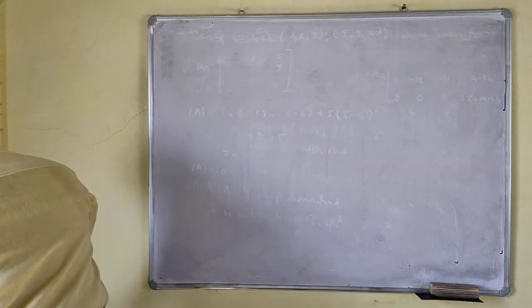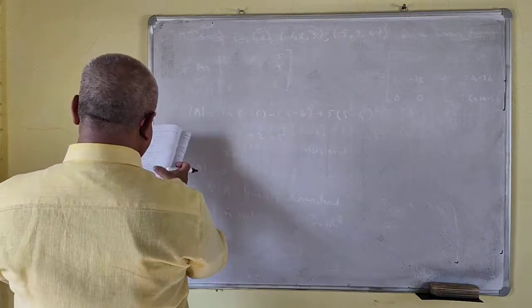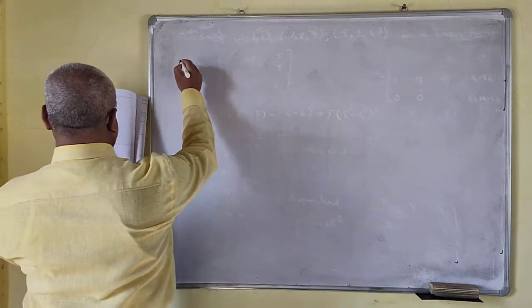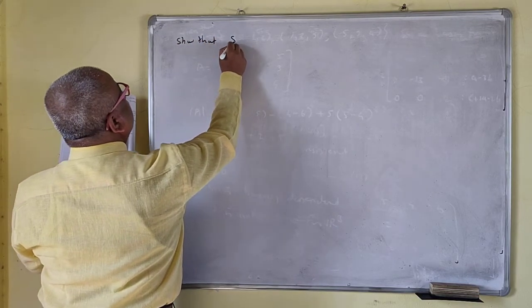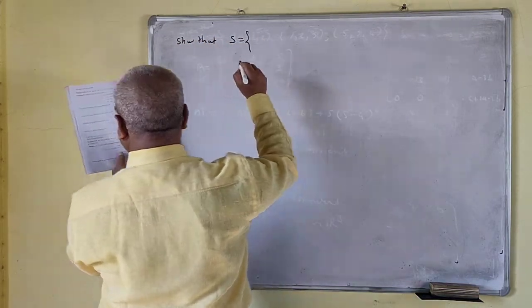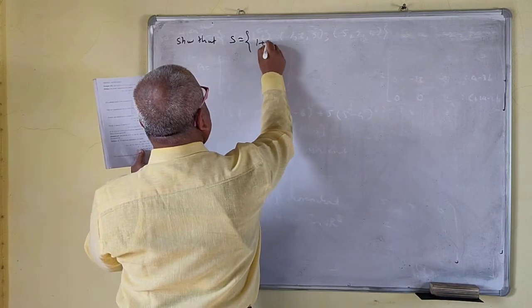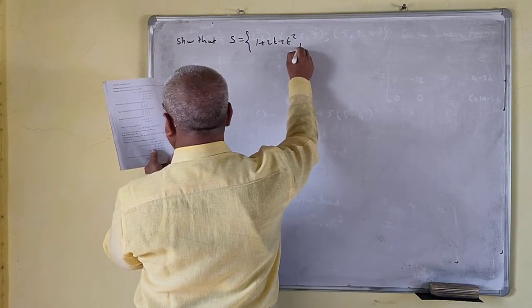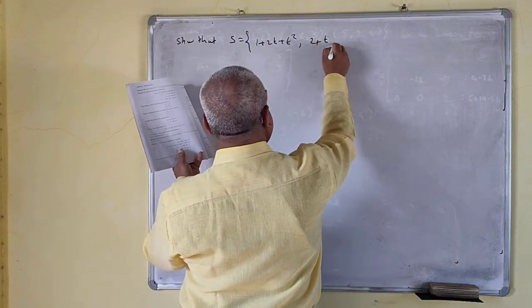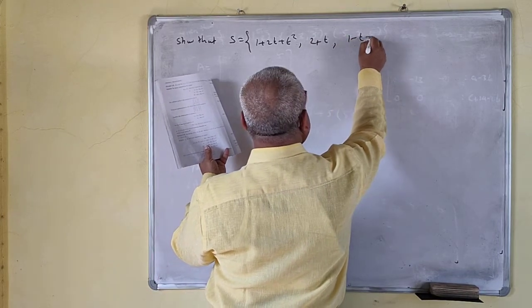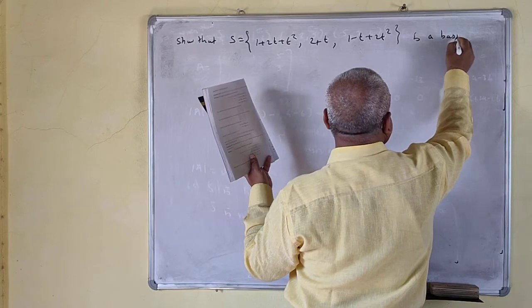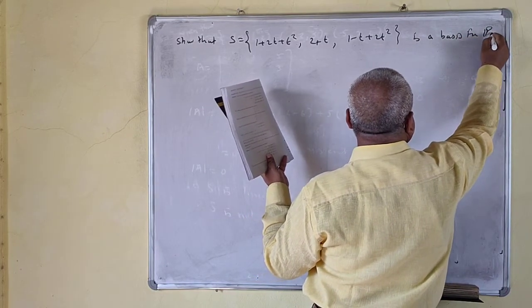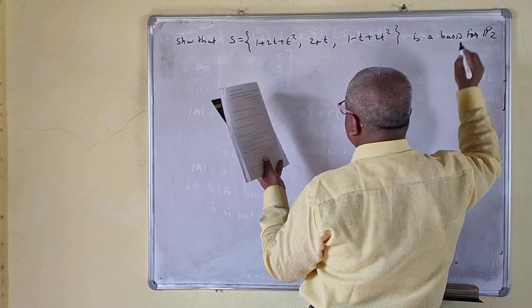Okay, we'll do one more problem on it. Show that S is equal to {1 plus 2t plus t square, 2 plus t, 1 minus t plus 2t square} is a basis for P2.